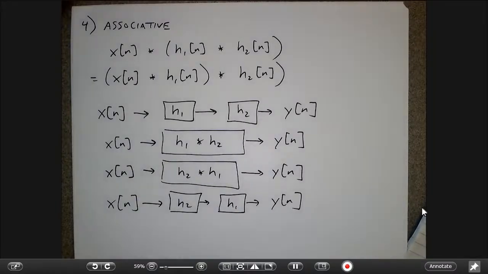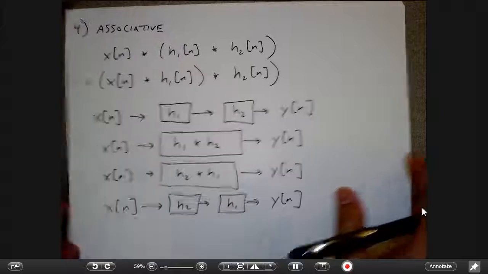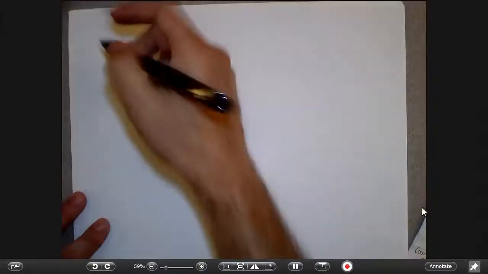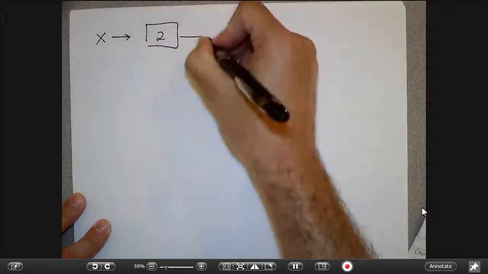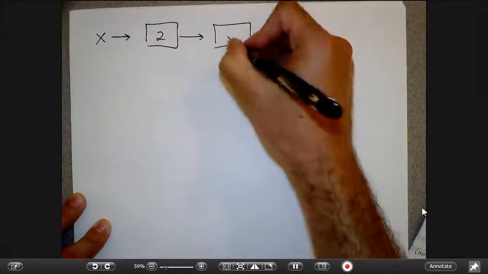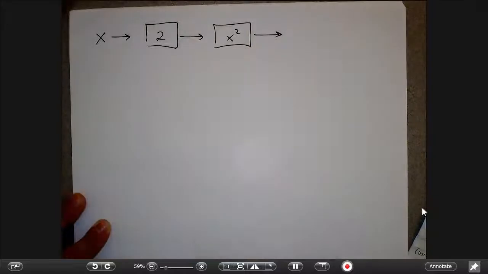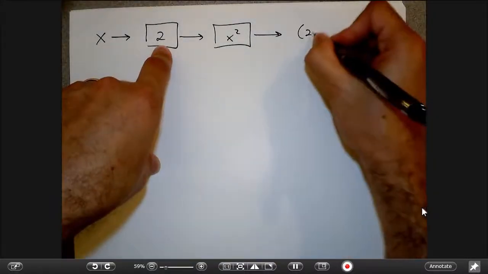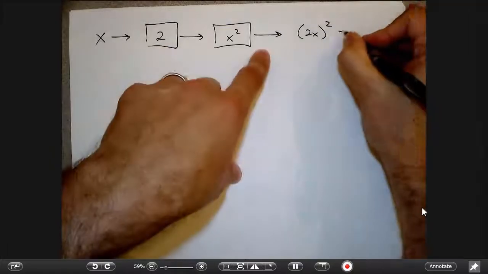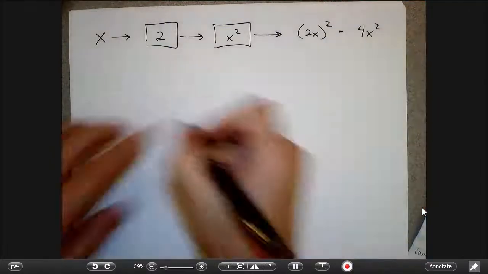And that's maybe a little bit counterintuitive, because that's definitely not true for nonlinear systems, right? So for example, let's consider something like this, where I have a system where first I multiply by 2, and then I square the result, okay? So here, that's like saying that I multiply the signal by 2, and I square the result. What I would get out would be 4x squared.